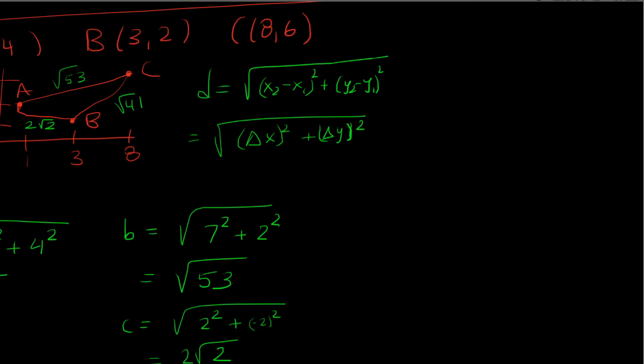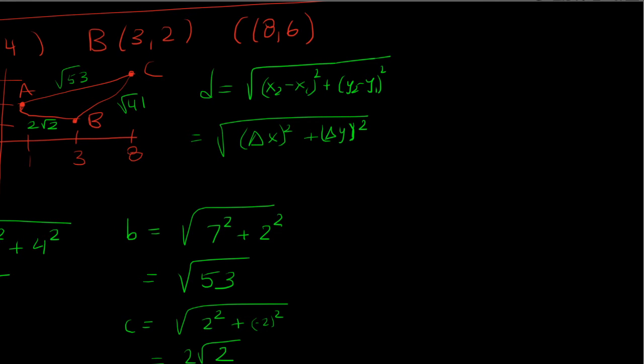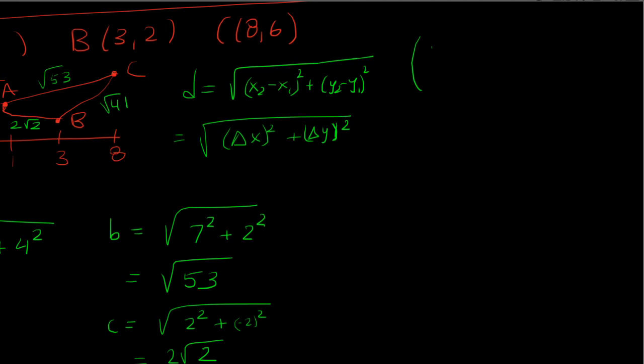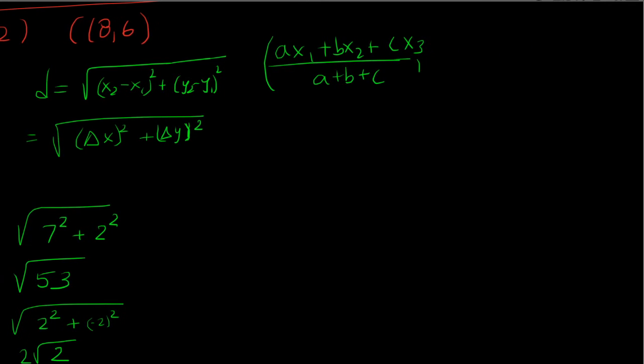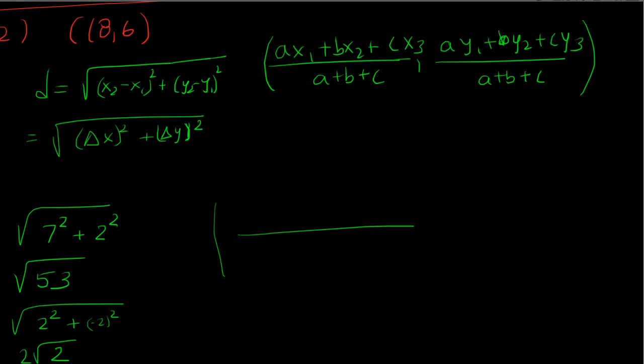Okay. So recall, we need A x1 plus B x2 plus C x3 over A plus B plus C. Okay, and then it's A y1 plus B y2 plus C y3 all over A plus B plus C. Okay, it's probably better just to get the A plus B plus C out of the way.